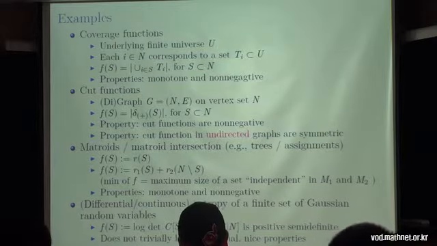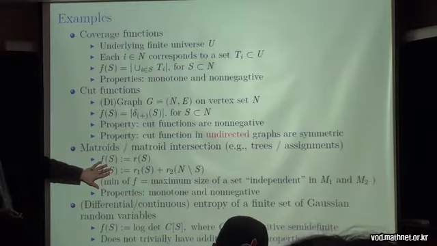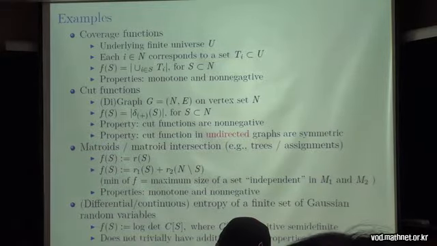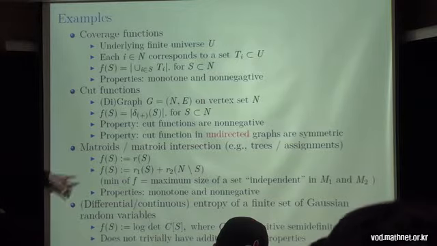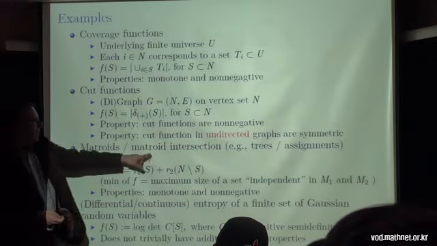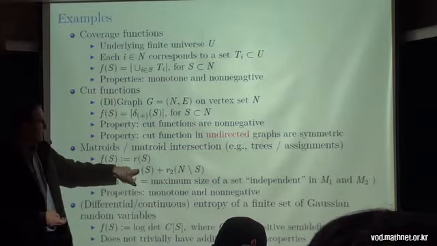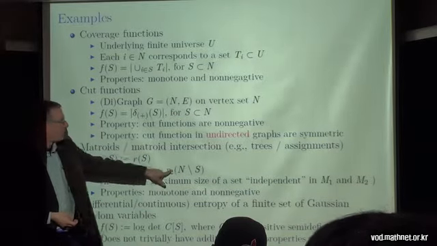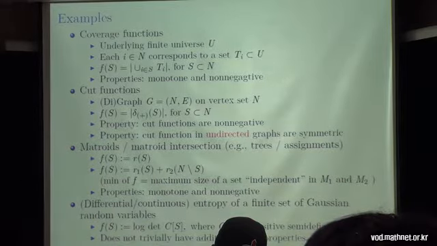There's an interesting example. It's a little misleading because it's not how I'm going to use matroids when I talk about this topic, but it's an interesting example. So I have two matroids on the same ground set. And I look at this function, the rank function of the first matroid plus the rank on the complement of that set in the second. And that's a submodular function.